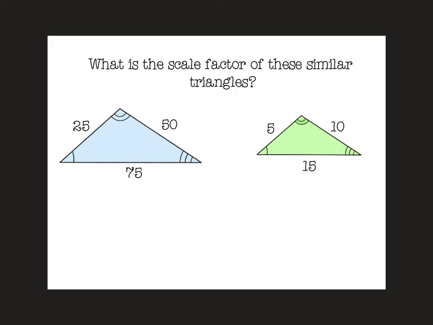So there are 2 options every time you have a scale factor. A lot of people told me the scale factor is 5. If you say the scale factor is 5, you were taking the blue triangle and doing 25 divided by 5 and getting 5. What this means is the blue triangle is 5 times bigger than the green.